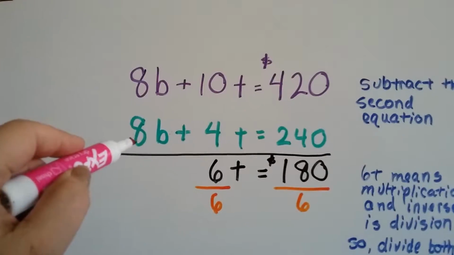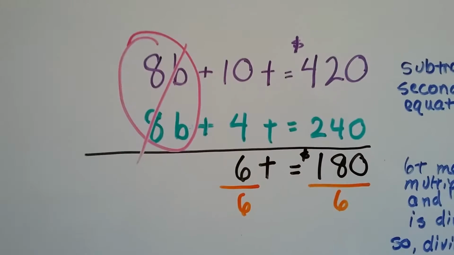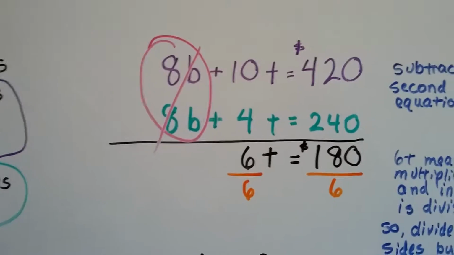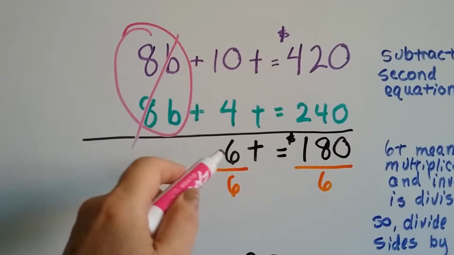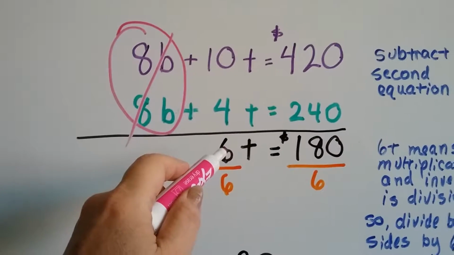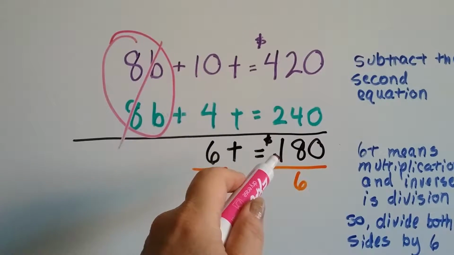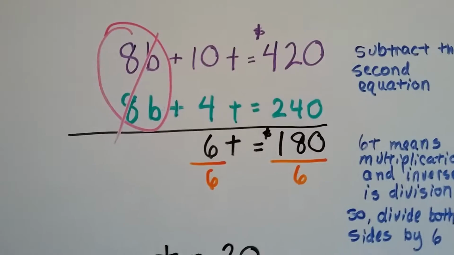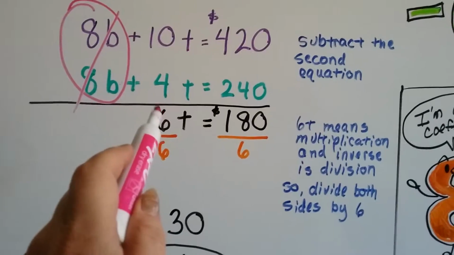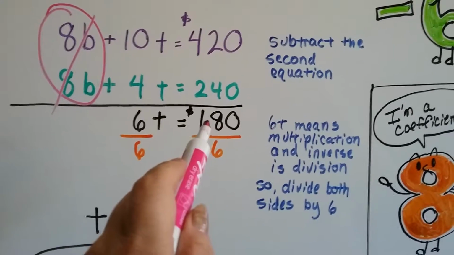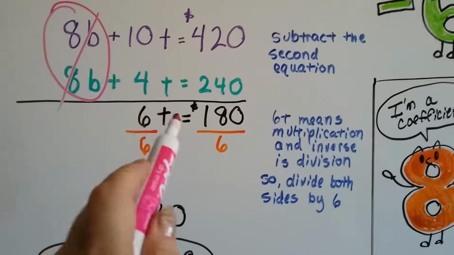8b take away 8b cancels them out. We discard that. Now we've got 10t, take away 4 of the t, is going to leave 6 t's, right? 420, take away 240, is going to leave 180. And now, because we've got 6t equals $180, 6t means multiplication. 6 times that variable.